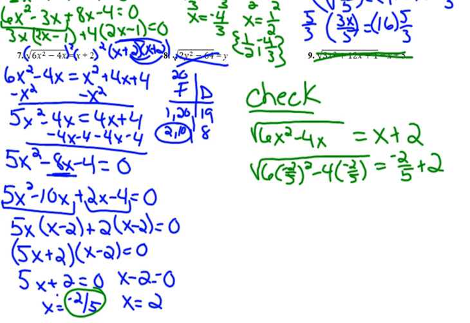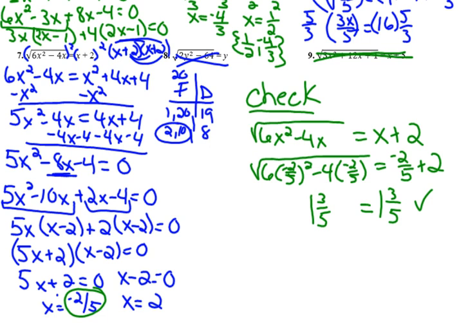Remembering though that any time you have a negative base, you have to put it in parentheses. Minus 4 times negative 2/5. So on this side I got 1 3/5. Over on the other side, negative 2/5 plus 2, and I got 1 3/5. So those work, so my negative 2/5 is okay.